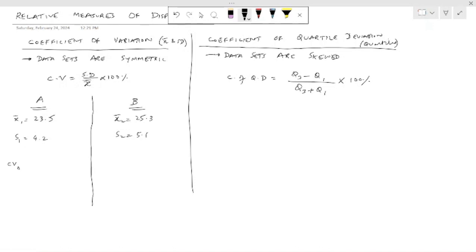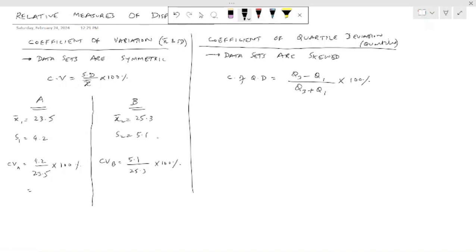So coefficient of variation of worker A is the standard deviation for worker A, which is 4.2, divided by 23.5 and multiplied by 100. Similarly, coefficient of variation for B is standard deviation 5.1 divided by 25.3 and then multiplied by 100%.